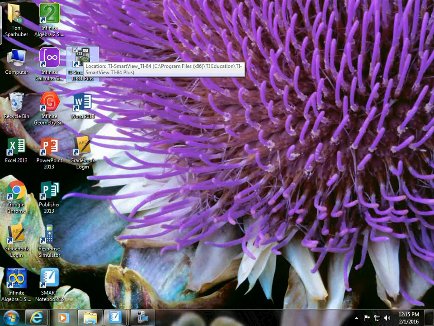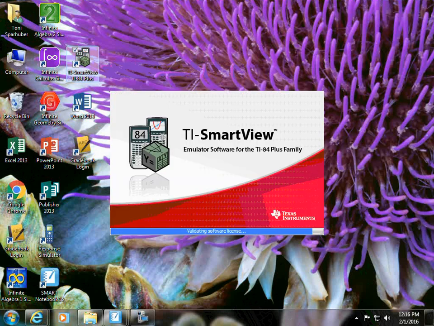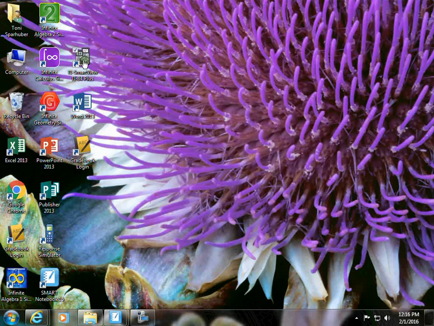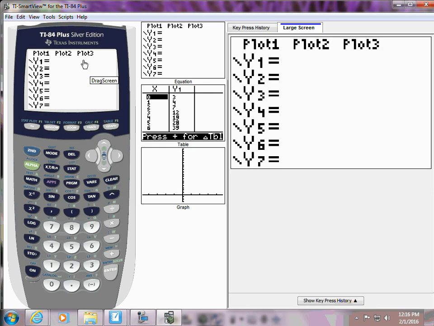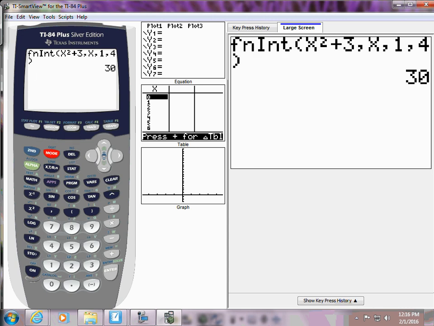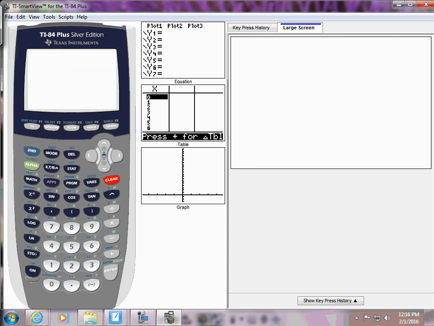We're going to go to Math 9. If you press Math, choice 9, fnInt. Now, what it wants from you is, first of all, the function. And in the first problem, we did x squared plus 3. So I'll enter x squared plus 3.